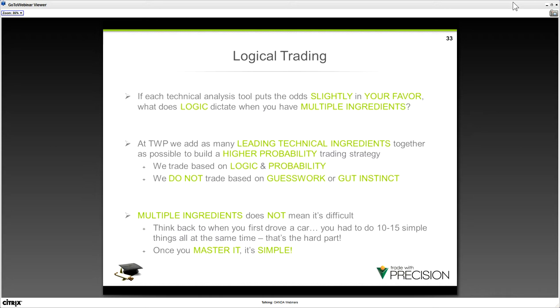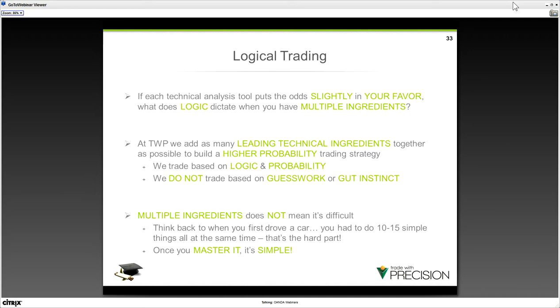At Trade with Precision, as part of the strategies that we trade for our own account, what we do is put together as many leading technical factors as we can in order to build a higher probability trading idea. So that's the baseline of what we're doing here when we trade our own account for a living. It makes sense then that we're trading based on logic and probability and understanding what price is actually telling us.